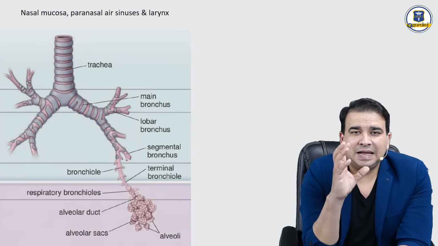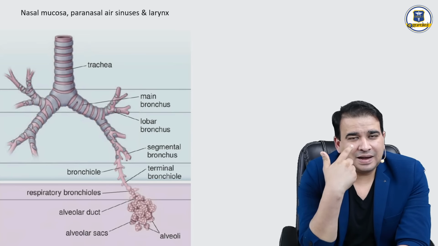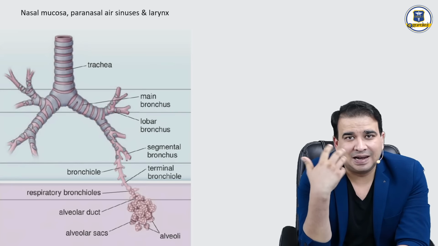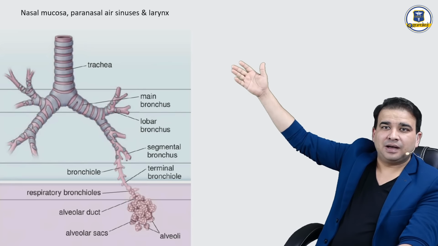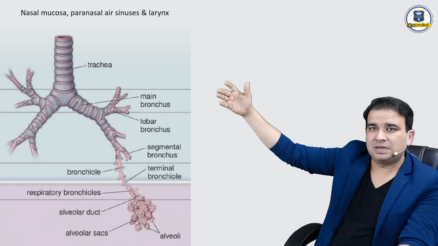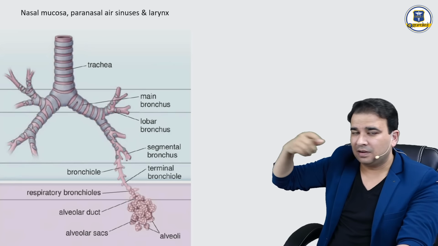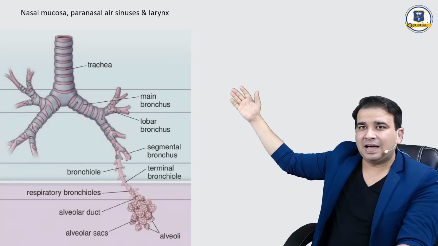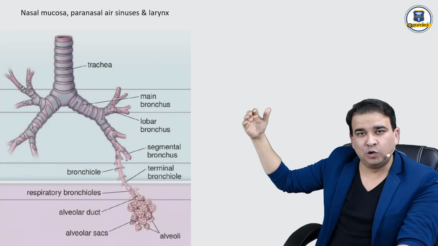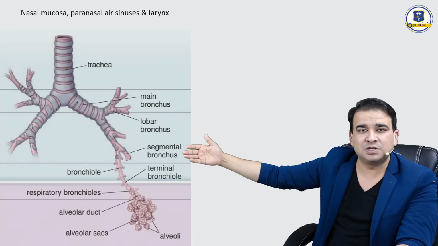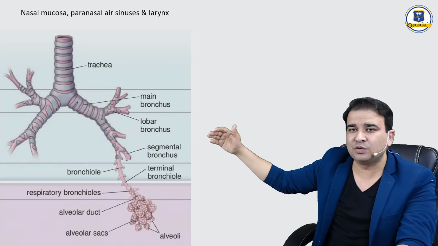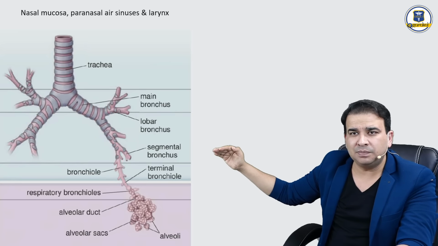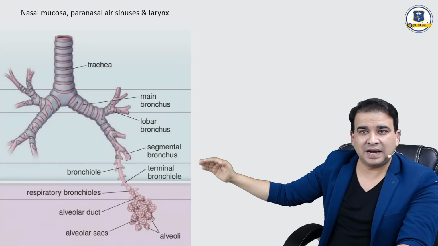So let us talk about the lining epithelium in the different parts of this respiratory tract. Now guys, the nasal mucosa, all the paranasal sinuses, the larynx, even the trachea, the main bronchus, that is the one which supplies the right and the left lung, and then the lower bronchi going into the different lobes of the lung, the segmental bronchi, which supply the bronchopulmonary segments, and also the proximal part of the bronchiole, not the entire bronchiole.